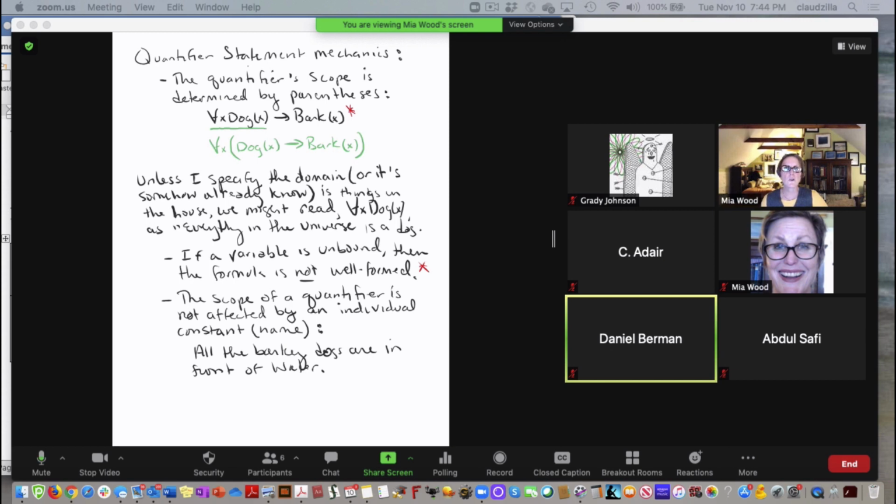When we look at translating from ordinary English into quantifier logic, we want to think about which of the 4 forms serves as the basis for the statement at hand. So notice that we've got all the barking dogs are, and then a relation between the barking dogs and things in front of Walter, right?